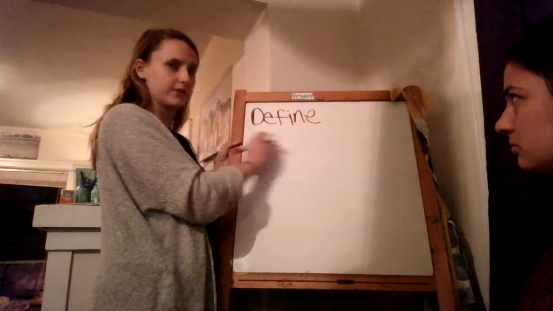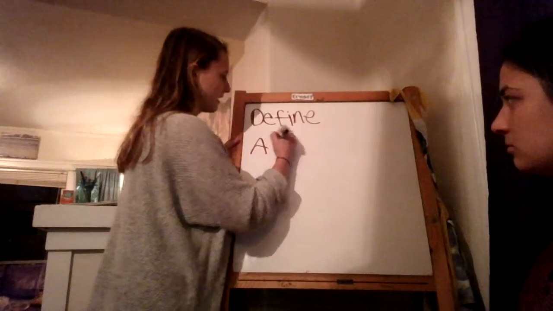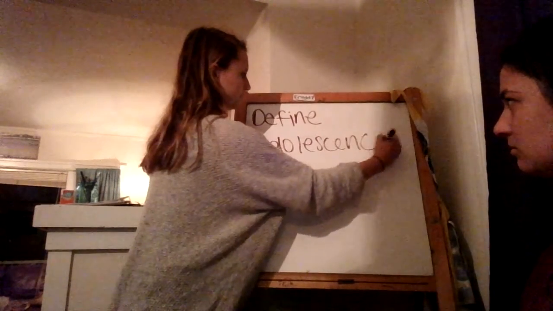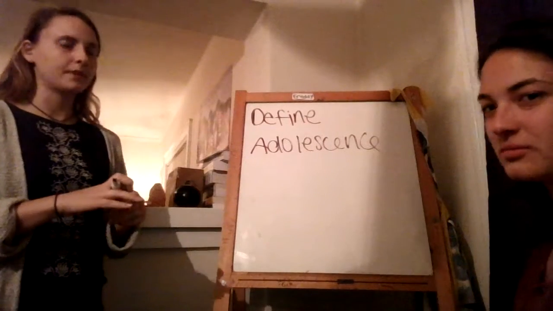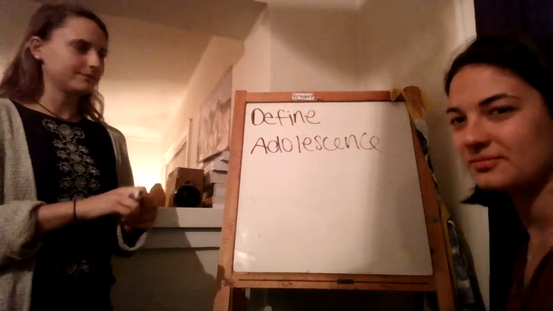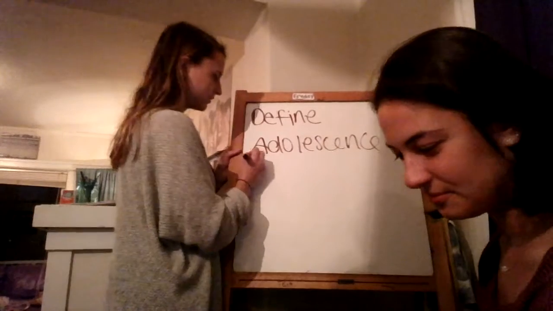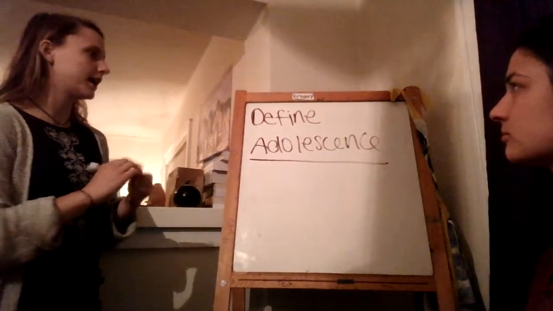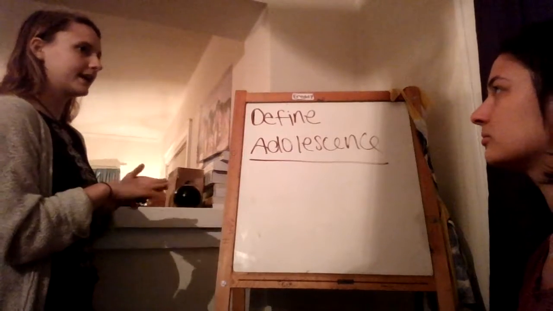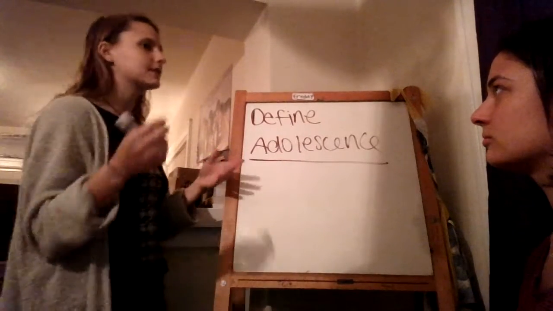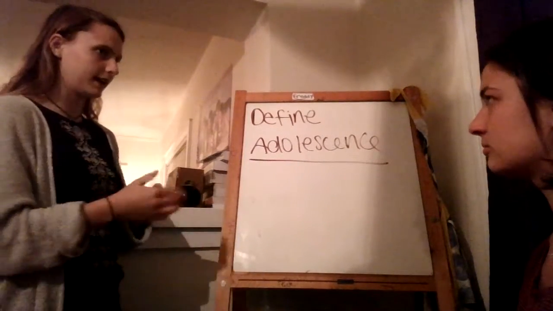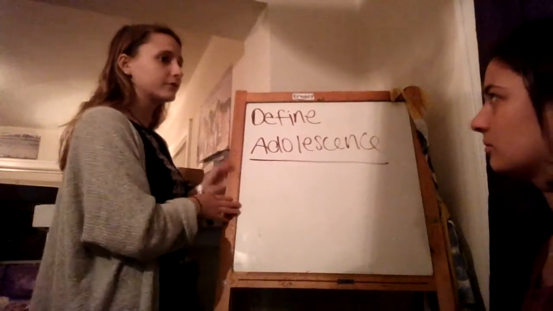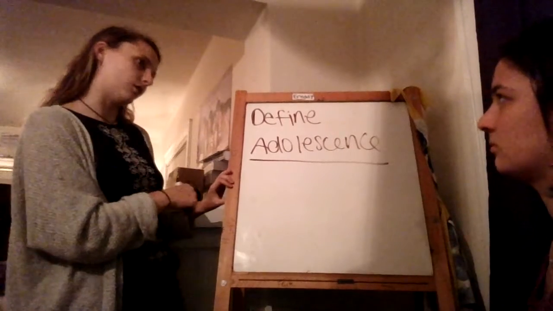So you're going to define adolescence. So what I want is use as much detail and as many words and information as you can and then to also use one of the phrases that we just went over.